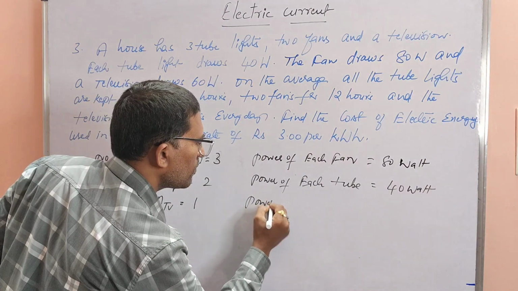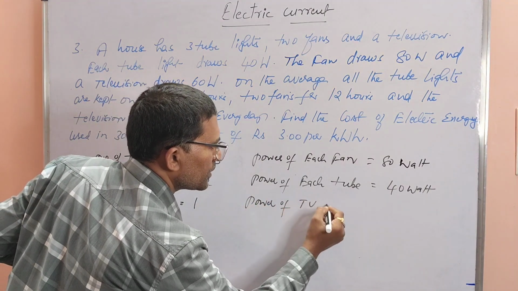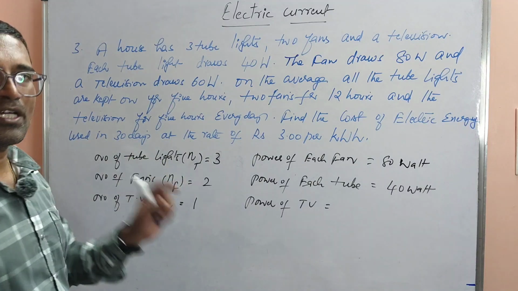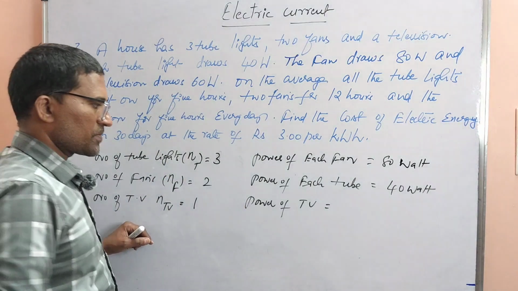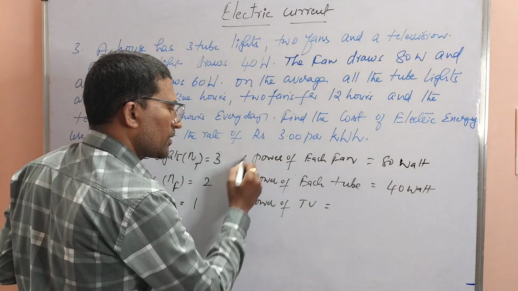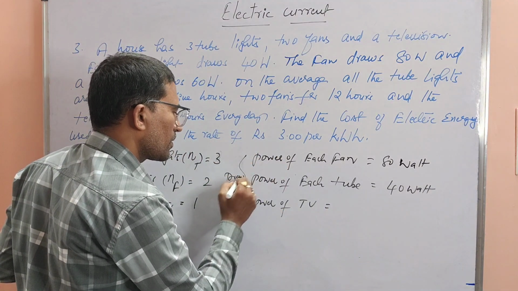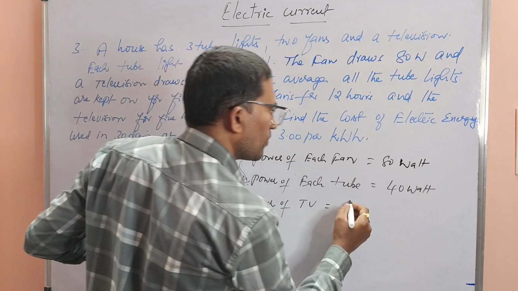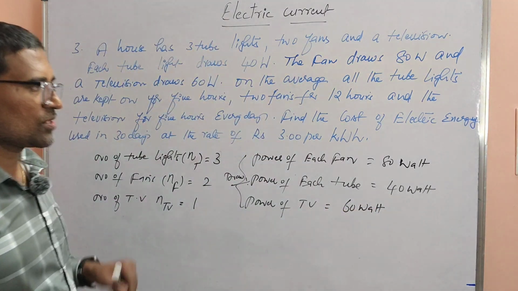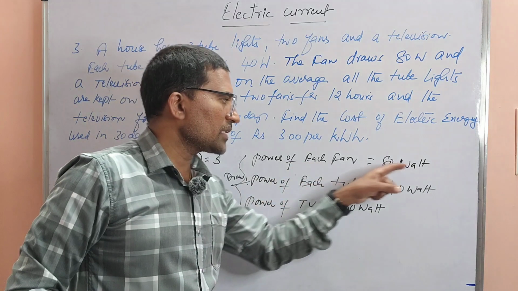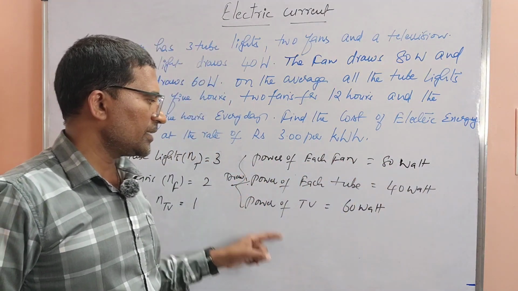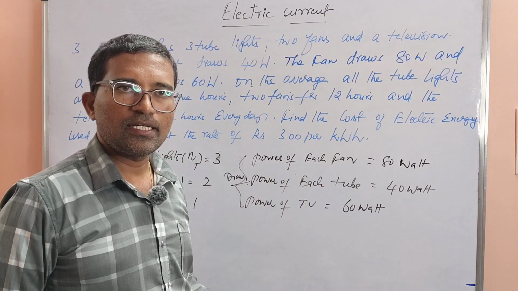Power of TV is 60 watt. That's why I'm writing the steps. So fan draws 80 watt, tube draws 40 watt, and TV draws 60 watt.